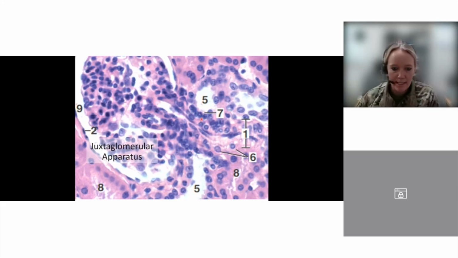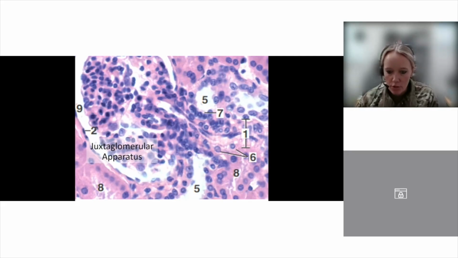So if you have low sodium, it's going to stimulate these juxtaglomerular cells to secrete renin. Renin probably sounds familiar because it has to do with that renin, angiotensin, aldosterone feedback. So when renin is secreted by these epithelioid juxtaglomerular cells, you get vasoconstriction. So it raises the blood pressure and then changes the flow and the amount of ultrafiltrate that's produced.